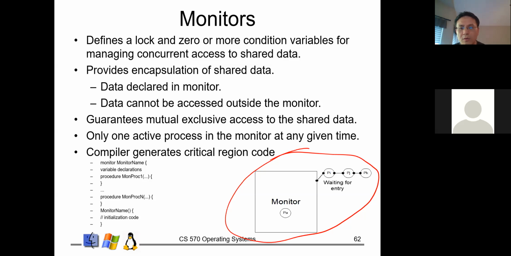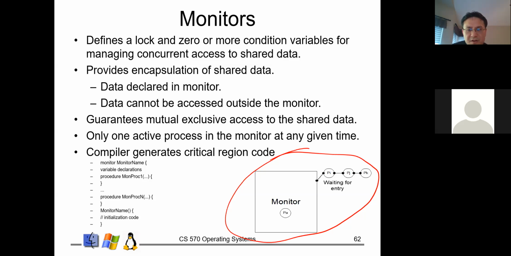Again, these methods in the monitor are critical sections that operate on the shared data. When a process attempts to access a monitor function, if no process is currently active in the monitor, then the function call executes.